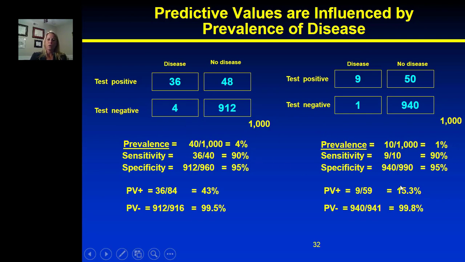But here you're shown a very clear example of how with just a drop in prevalence from 4 to 1%, you see a drop in the predictive value from 43% to 15%. So again, prevalence influences the predictive value, both positive and negative, of a screening test.